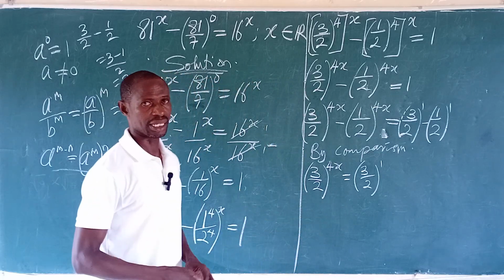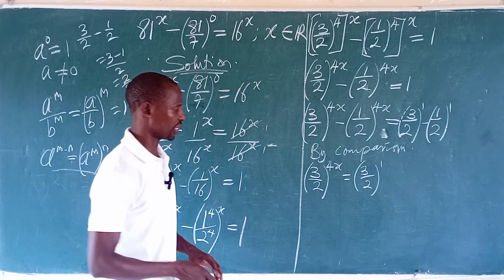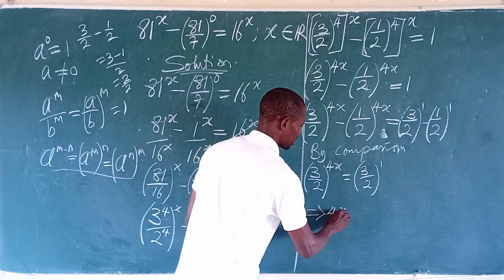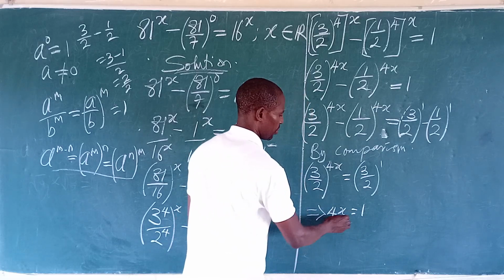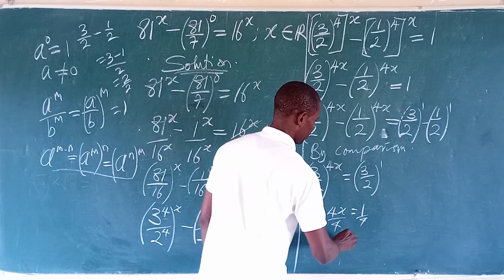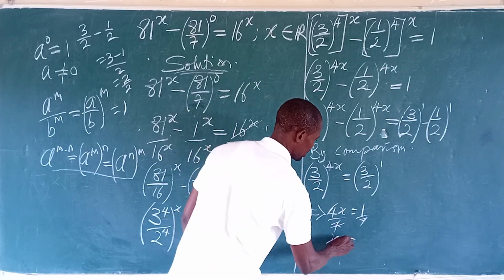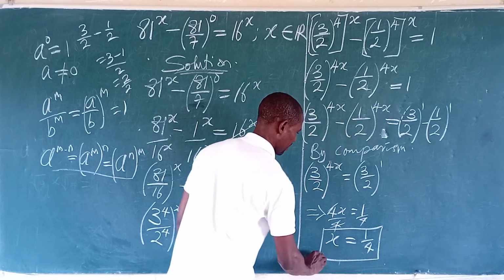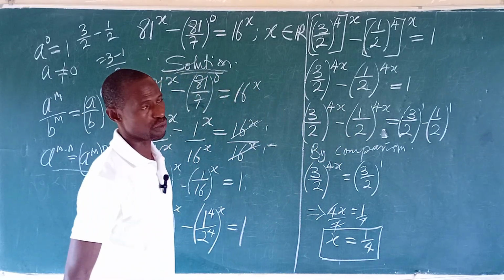The bases are the same, and so we can equate the exponents. This thus means 4x is equal to 1. We divide by 4, cancel, and we're going to have x is equal to 1 all over 4. This is the value of x we're going to have from this equation.